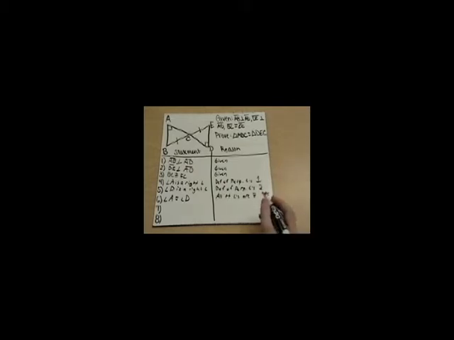And then let's see, just like in the last proof I did, we have vertical angles again. So angle ACB and angle DCE. And that's about vertical angles again.